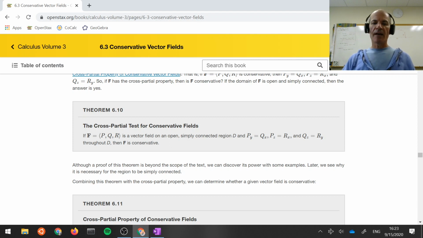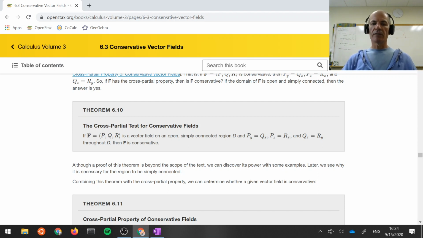So if I differentiate f sub x with respect to y and f sub y with respect to x, I get mixed partials. And Clairaut's theorem from way back in chapter 4 tells us those mixed partials should be equal. And that is the core of a test for conservativeness.